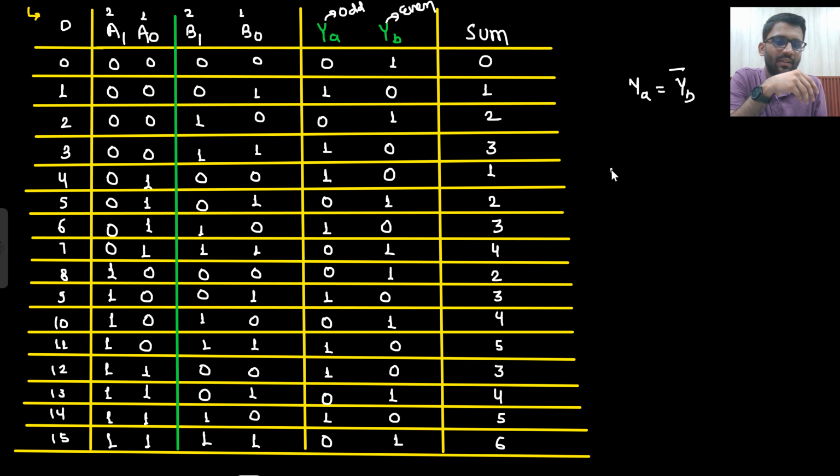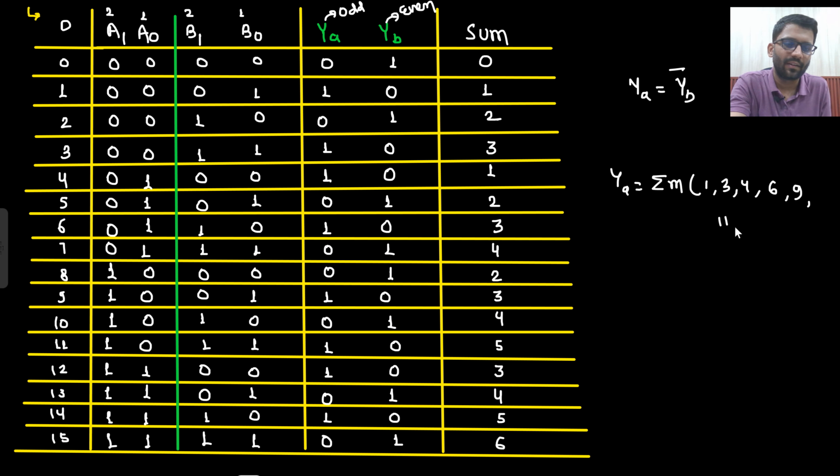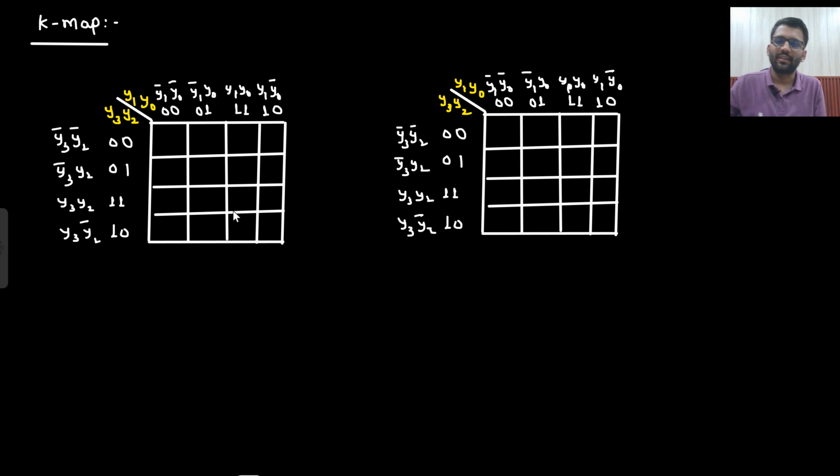Let's try for YA. So what is your YA in terms of min terms? So that is 1, 3, 4, 6, 9, 11, 12, 14. So this K-map I will not draw.